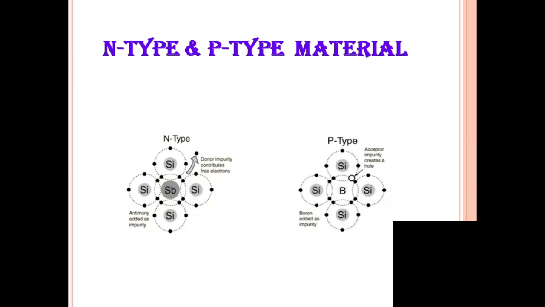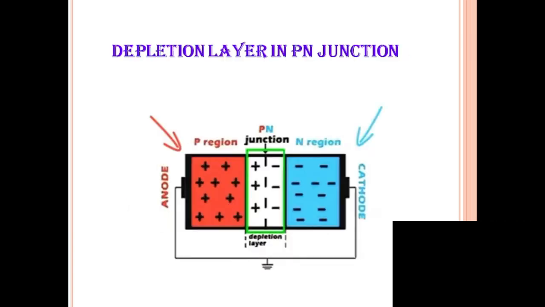So, N type and P type material. In N type material, the majority carriers are free electrons. In P type material, the majority carriers are holes. So how is the depletion layer produced in a PN junction diode? The P material consists of more holes, and in the N material, electrons are present.